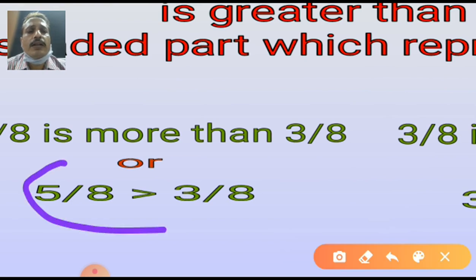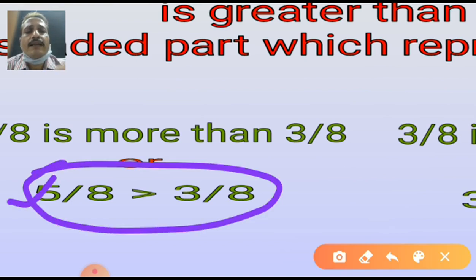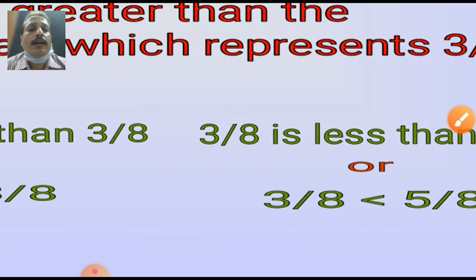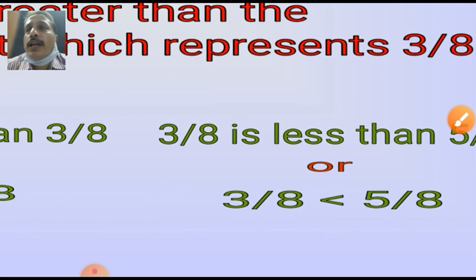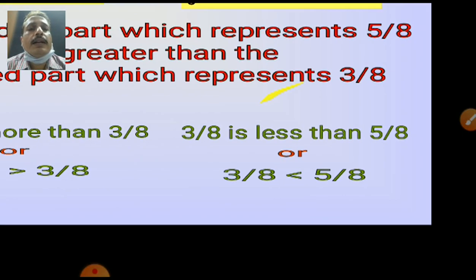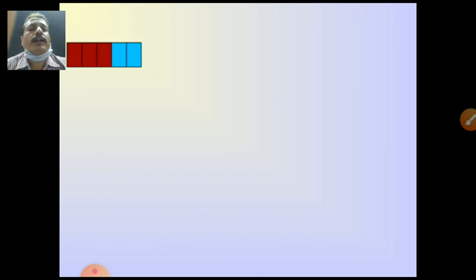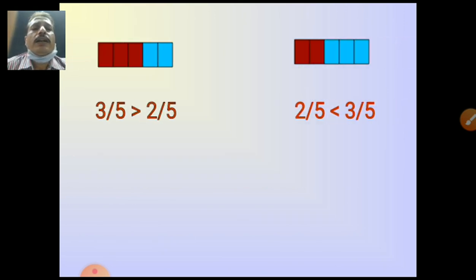Is it, students? Yes, here 5 is greater than 3. That's why 5 upon 8 is greater than 3 upon 8. Good. In the same way you can say it alternatively: 3 upon 8 is less than 5 upon 8. Very nice.